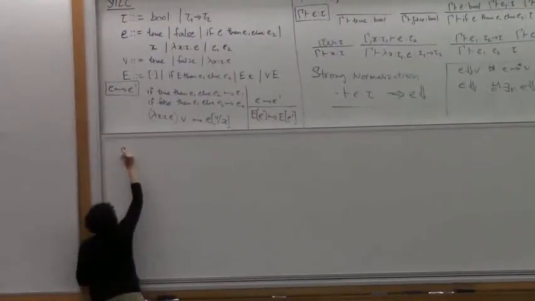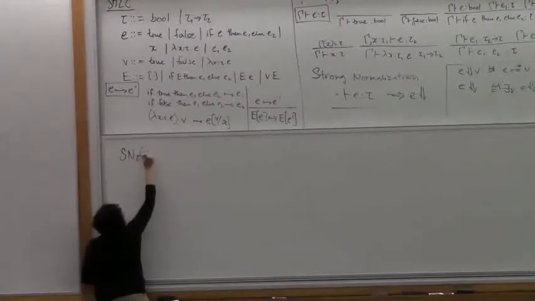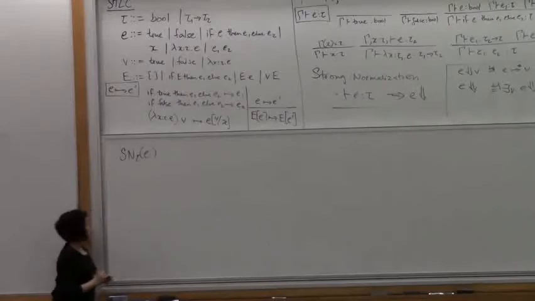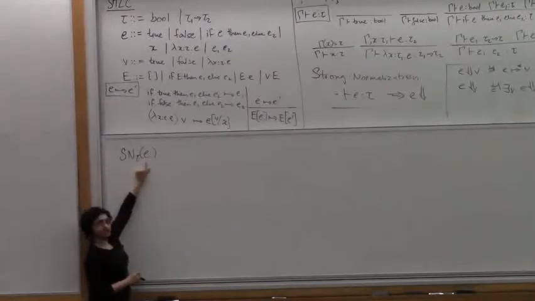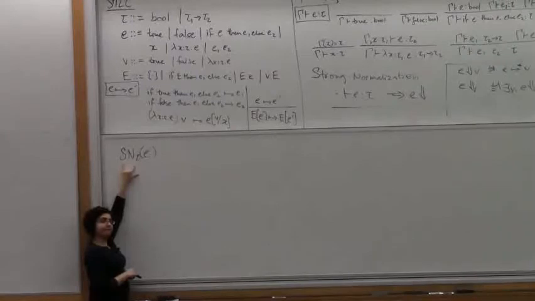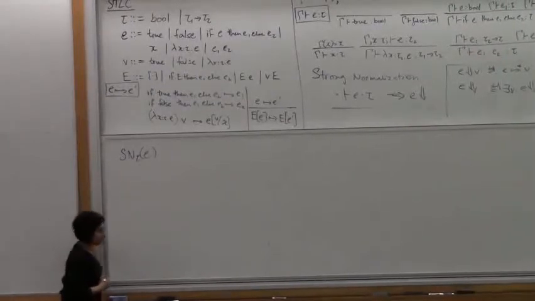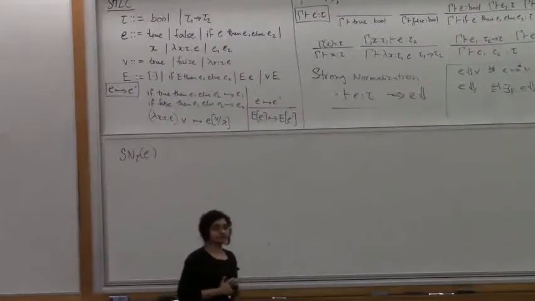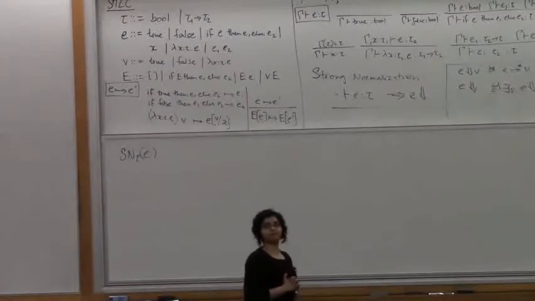So I'm going to call it Sn tau. The way to read this is some expression E of type tau belongs to this set that I'm going to define called Sn for strongly normalizing. We're going to do this by induction on the structure of the type tau.